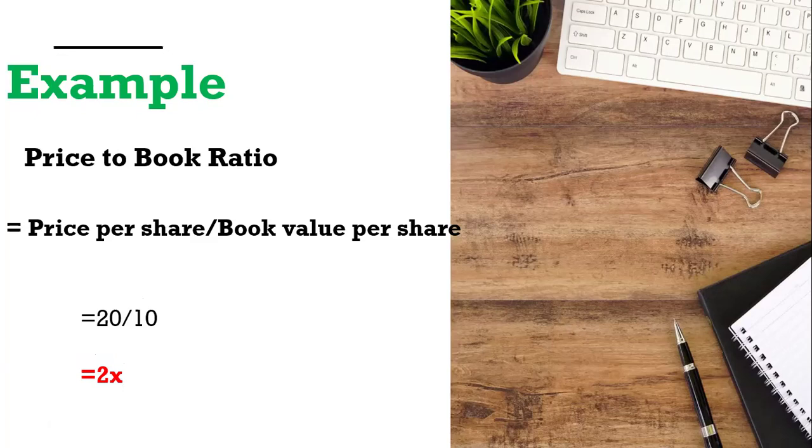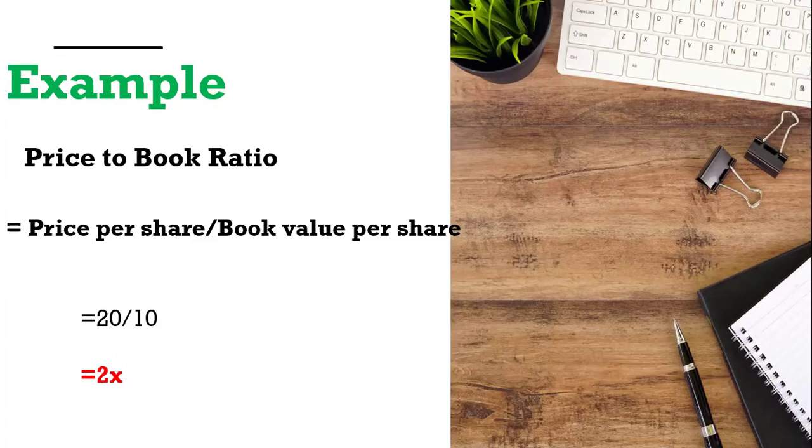The guy is ambitious, and even if the book value of the company is lower than the price of the share, they were willing to pay that difference. So this could be good or it could be bad.